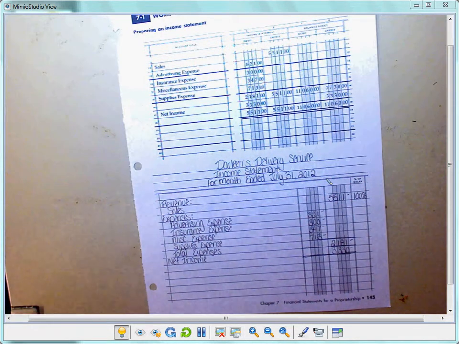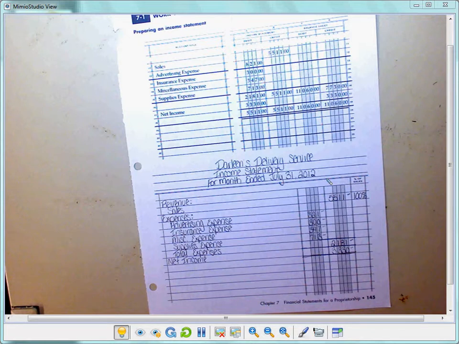Then how are we going to calculate the percentage for our expenses? What are we going to do? Total expenses divided by the sales, and what did we get?